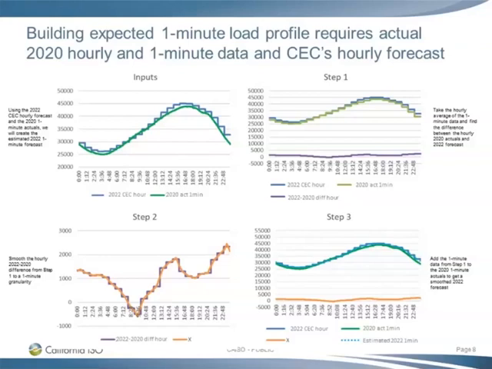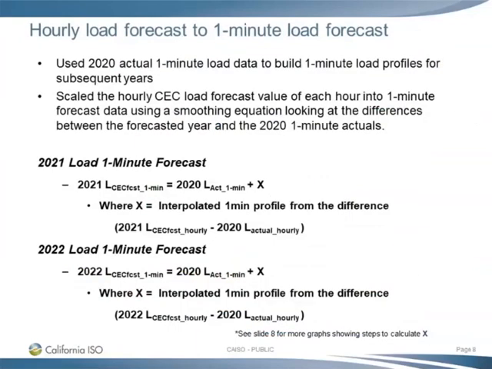So on step 3 on the right, we have minute-by-minute values now that we use. And the way we use that, if you go to slide 9, and I'll stop at slide 9 to see if we have any questions.